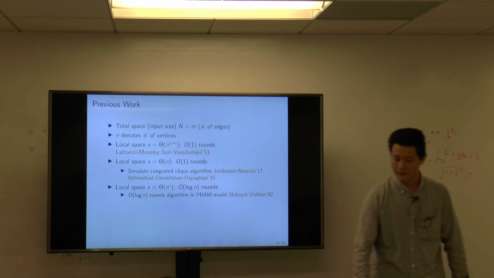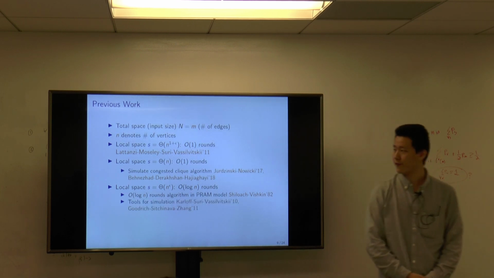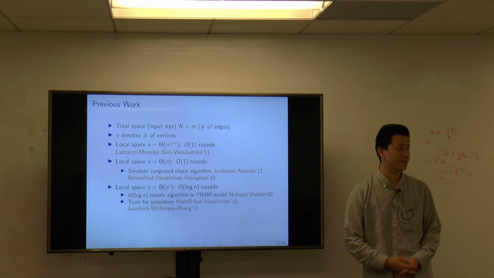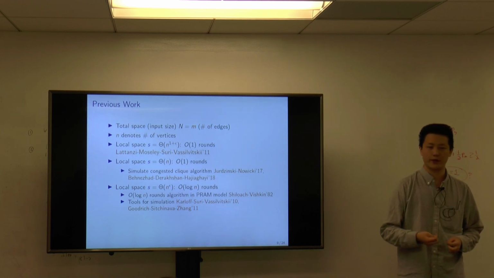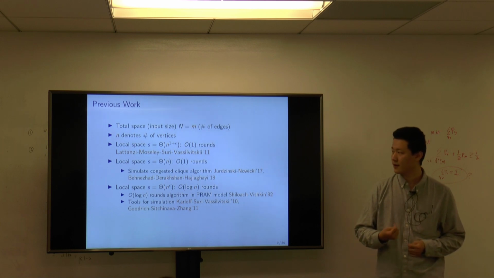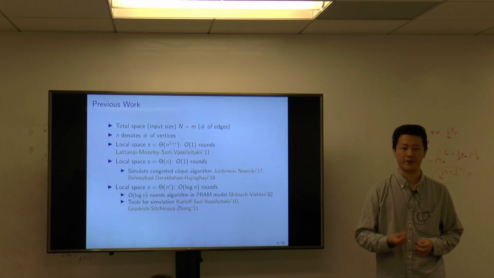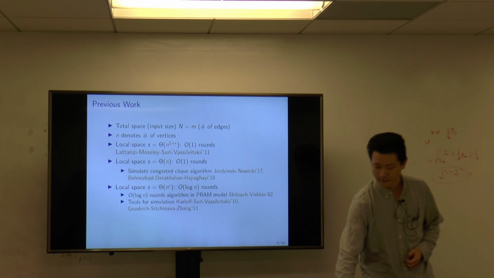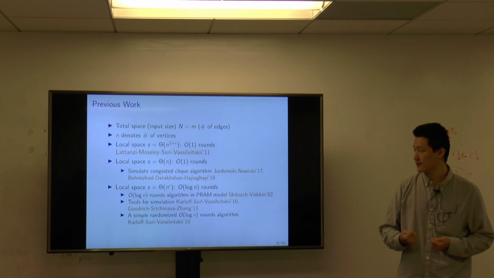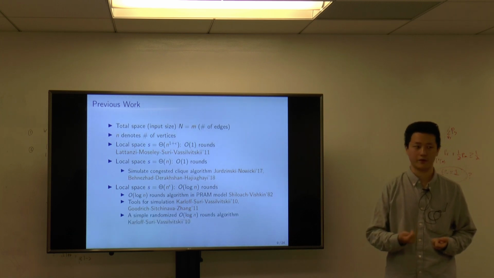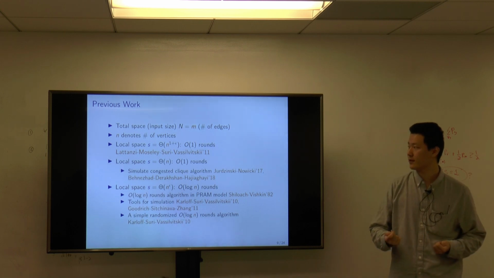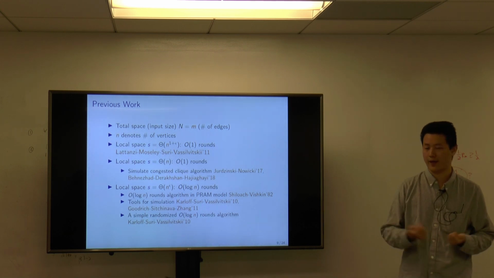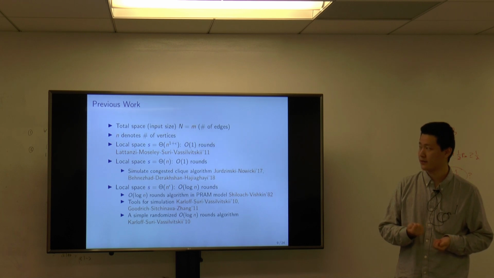And because, as I mentioned before, we can simulate any PRAM algorithm in the MPC model with the same number of rounds, it directly gives a log n rounds MPC algorithm. And there's another simple randomized log n rounds algorithm in the MPC model. However, all the algorithms known previously need log n rounds. We didn't get any better algorithm before.